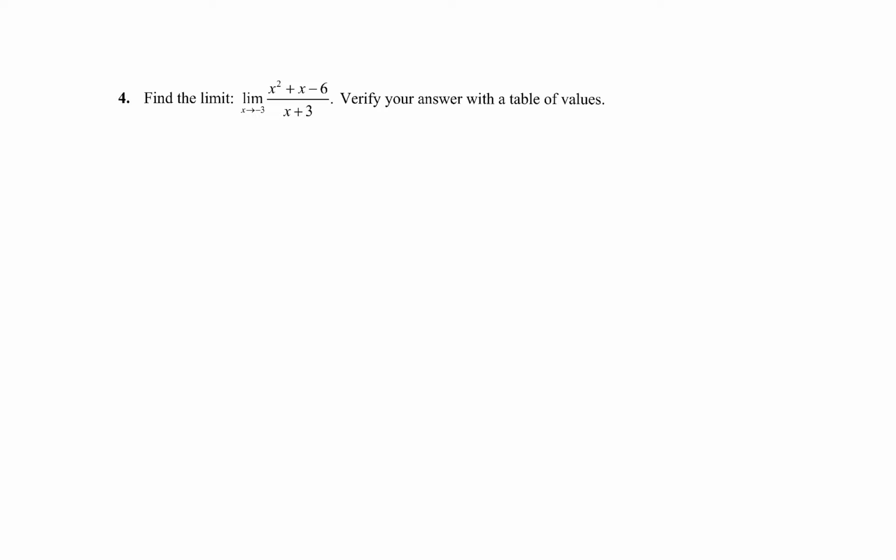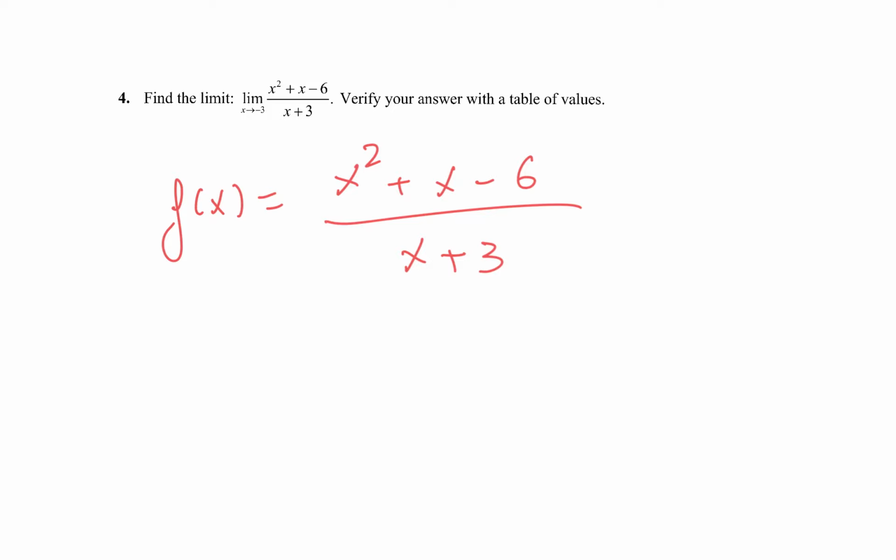Now let's do problem number 4: find the limit of x squared plus x minus 6 divided by x plus 3 when x approaches the number minus 3. At x equal minus 3, the function f of x is not defined, because when x is equal minus 3, in the denominator we will have a 0, and division by 0 is not allowed.